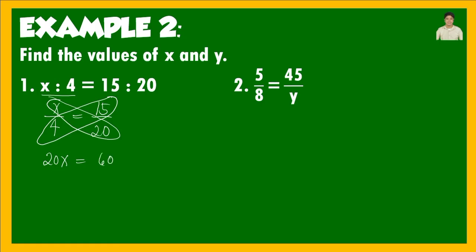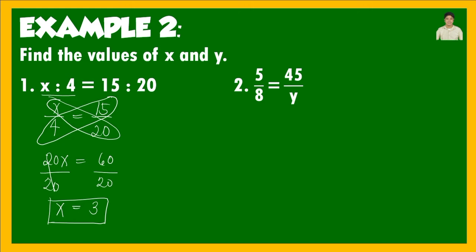And then we will divide both sides by 20 para mawala yung 20 at x na lang ang matira. So 20x, kakancel siya, x na lang ang matitira. And then 60, divide po natin sa 20, ang lilitaw pong sagot is 3. So x is equal to 3.